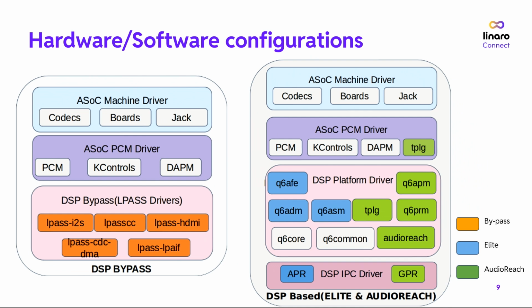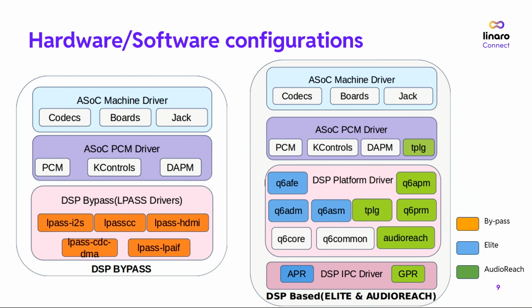So this is just representing a typical setup. That's the DSP setup, and here we have a bypass setup wherein the kernel or the drivers themselves program the LPASS IP. You can see there are multiple interfaces enabled. For example, LPASS I2S just enables and programs the I2S interface.